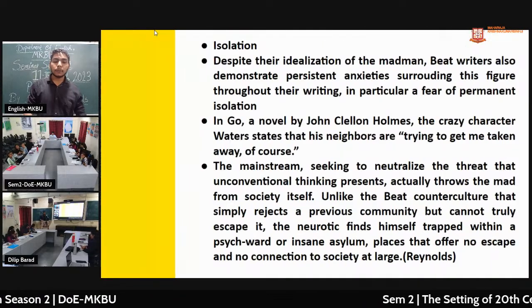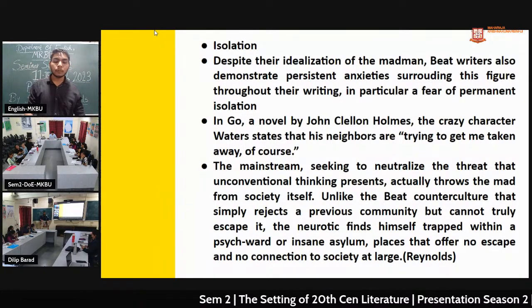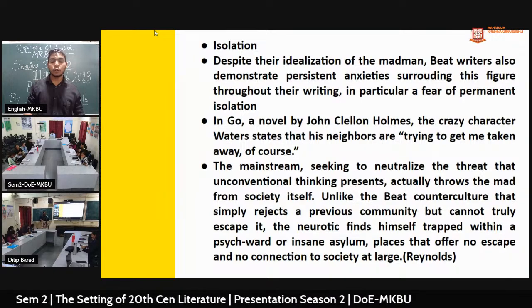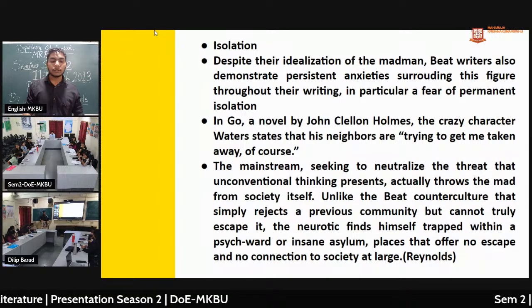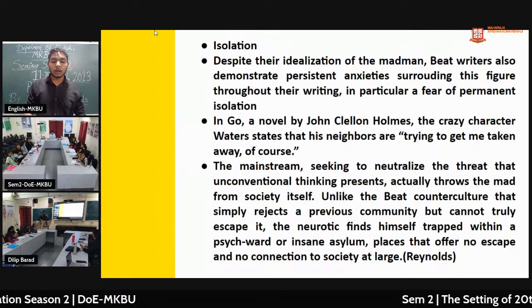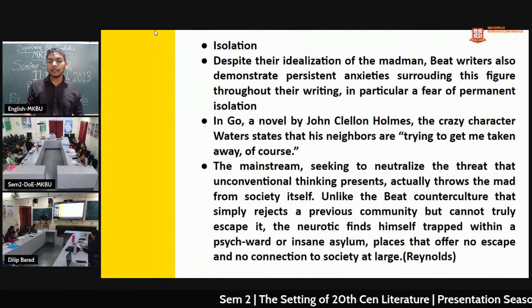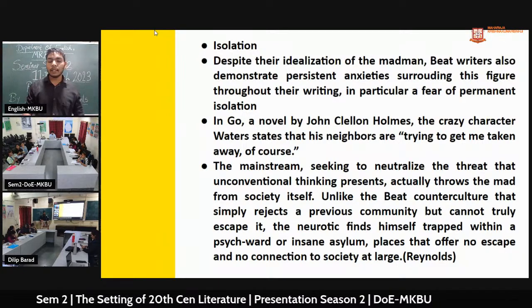Isolation. Despite their idealization of the madman, Beat writers also demonstrated persistent anxiety surrounding this figure throughout their writing, particularly a fear of permanent isolation. In Go, a novel by John Clellon Holmes, the crazy character Walter states that his neighbors are trying to get him taken away.